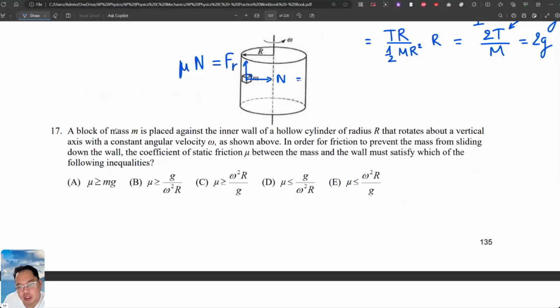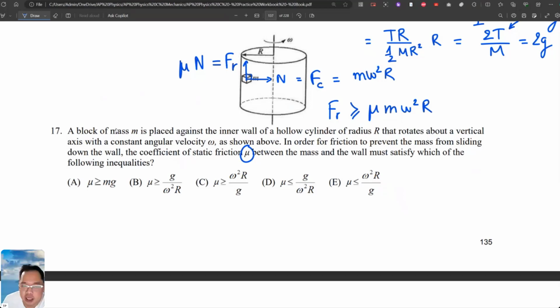That normal force is equal to the centripetal force Fc, which is m times omega squared times r, the radius. And therefore the friction, Fr, is the coefficient of friction times m times omega squared times r. Satisfied with the following inequality. It must be at least equal to this one, and therefore we need to find this coefficient.